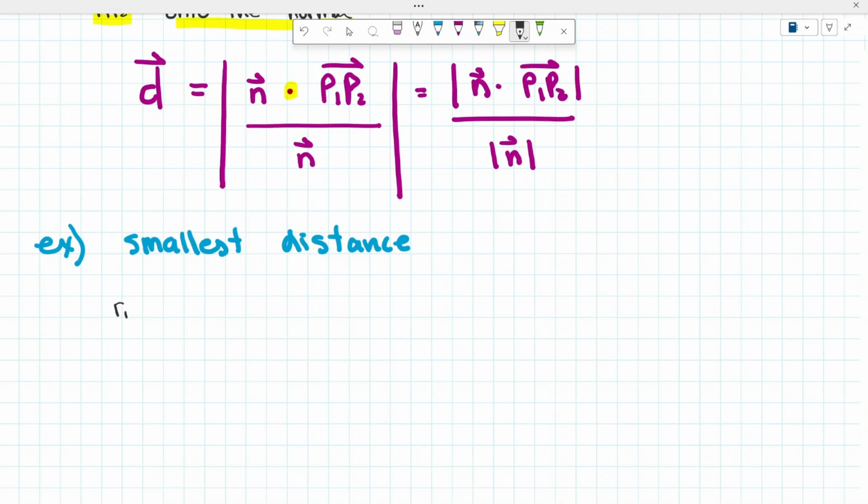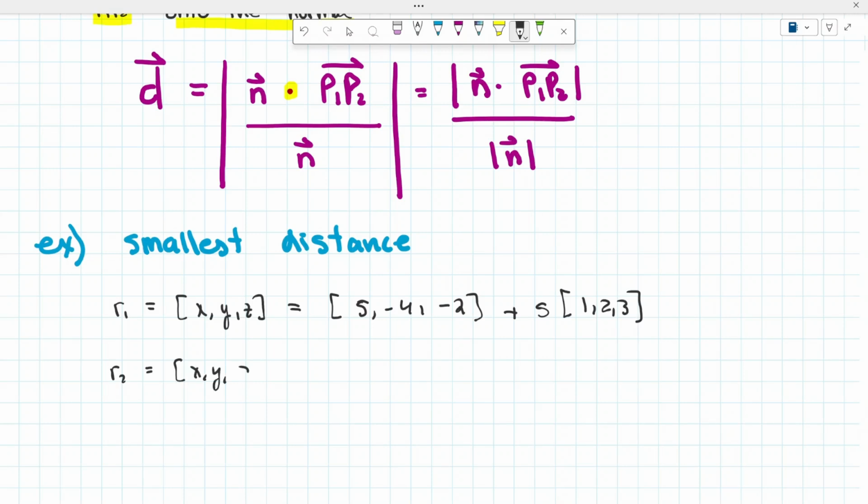R1 is going to be our first line, and we can write it out in this format, x, y, z, because again we're in 3 space, equals 5, -4, -2, plus s, and then 1, 2, 3. Then our second skew line, R2, again is our x, y, z, equals, in this case, 2, 0, 1, plus t, 2, -1, -1.